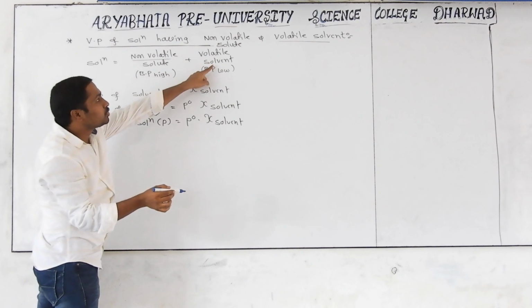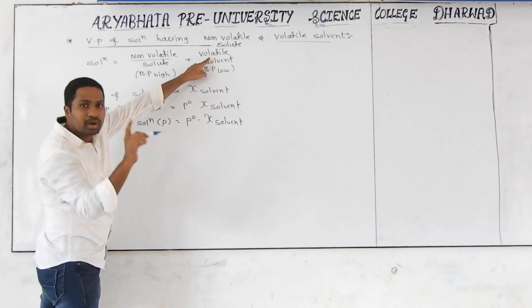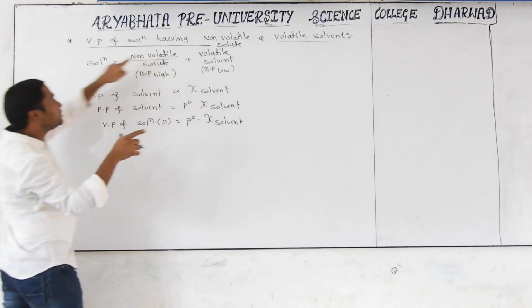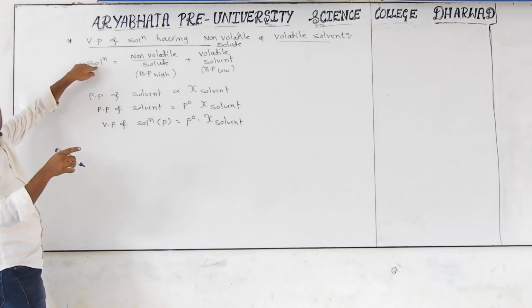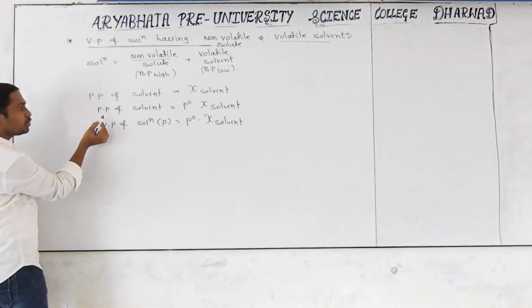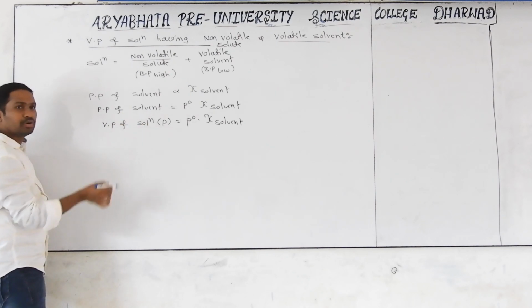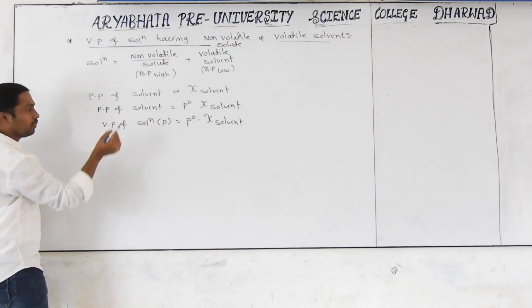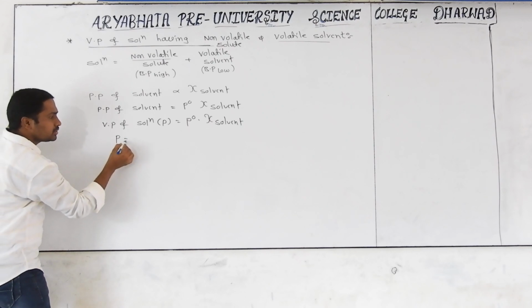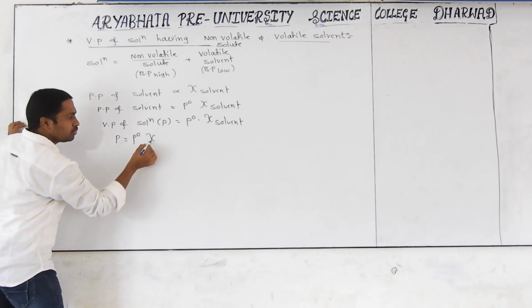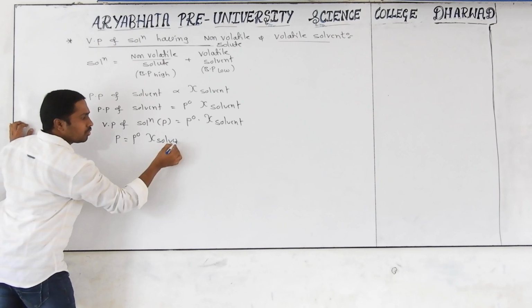Whatever pressure is produced by the solvent, because it is volatile in nature, that pressure is equal to the vapor pressure of the solution. Thus, instead of partial pressure, we are writing the vapor pressure of the solution, P equals P0 into the mole fraction of the solvent.